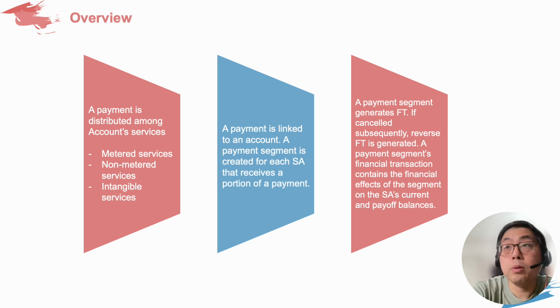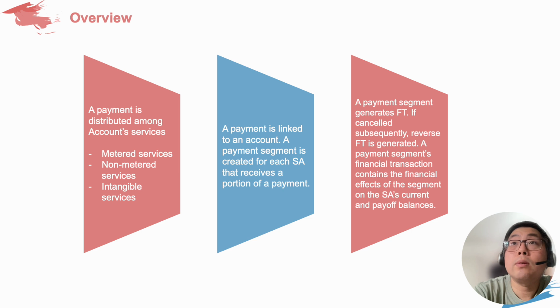So that's distribution, and in the case of generating the bills, the payment segments will actually match up with the bill. A payment segment generates an FT.